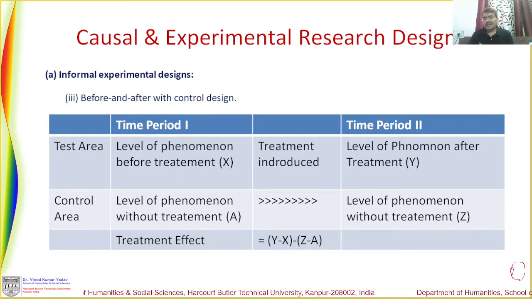Or take a different example of crop. You have half land for test area and half land for control area. Now say for example, for first time period you look at that crop productivity in test area and in control area. Say for example, some crop is produced in this test area and control area, some vegetable, and productivity comes like 4 kg or like 6 kg, something like that, right?